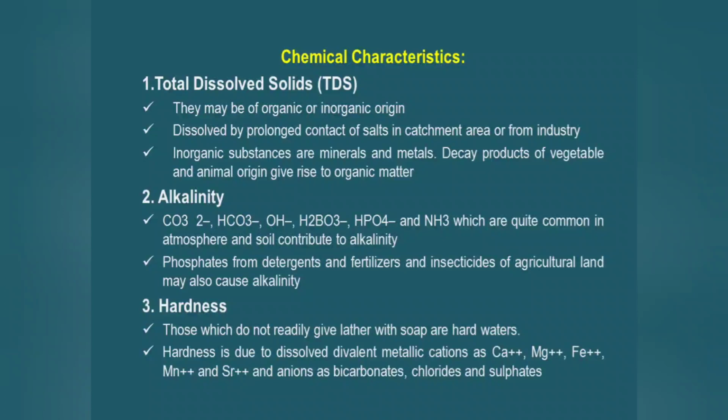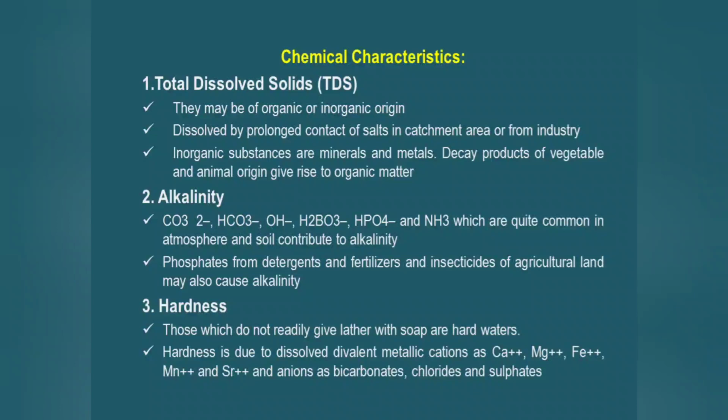Alkalinity means pH above 7. The soil and atmosphere contribute alkalinity to the water through carbonate, bicarbonate, and hydroxides, dihydrogen borate, hydrogen phosphate, and ammonia.